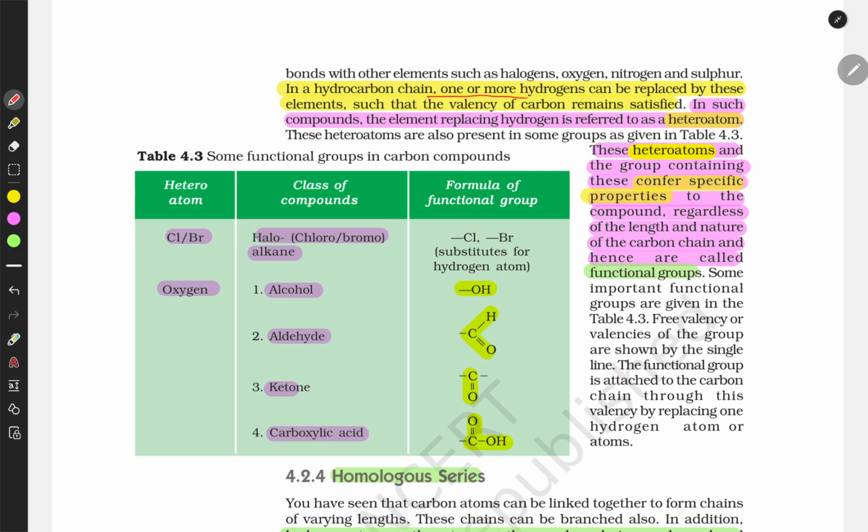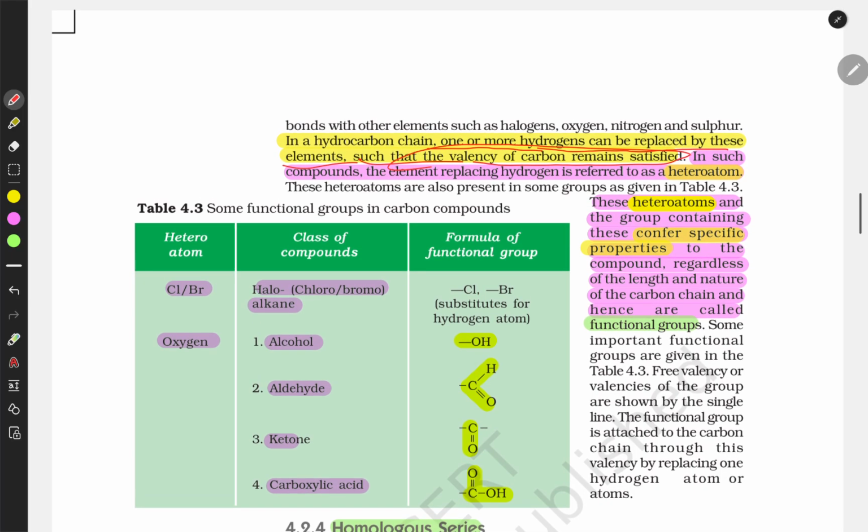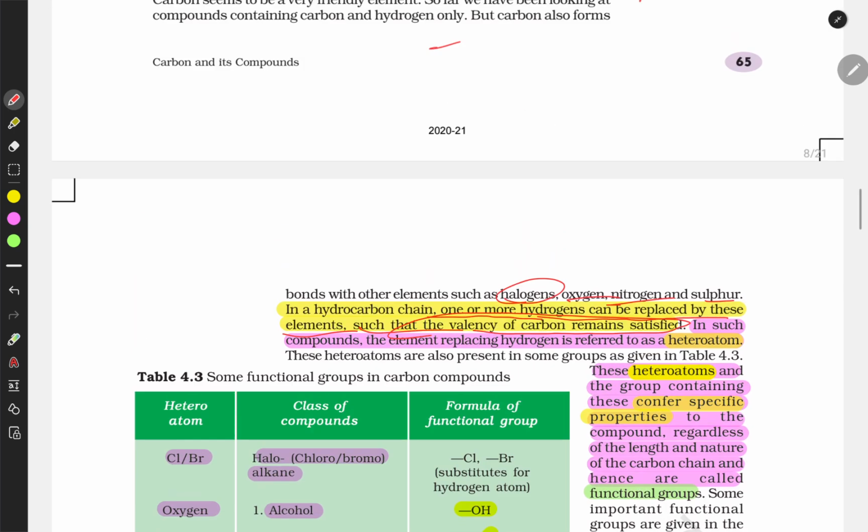In a hydrocarbon, one or more hydrogens can be replaced by these elements, such that the valency of the carbon atom can be satisfied. What are these elements? These elements are oxygen, halogens, nitrogen and sulfur.